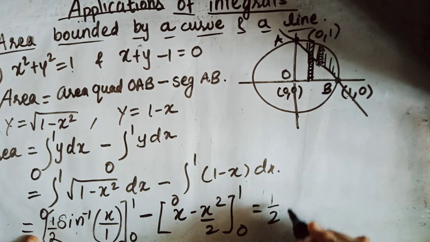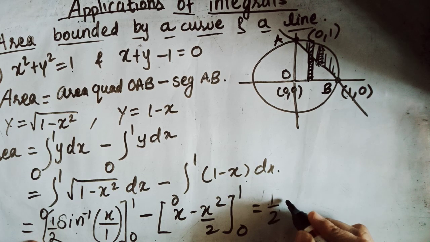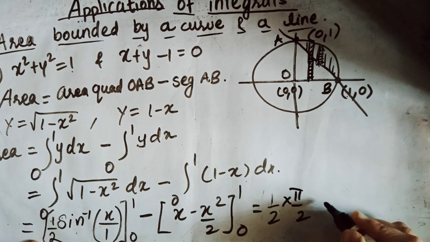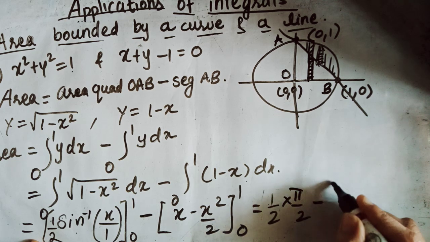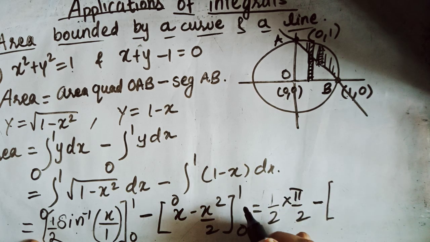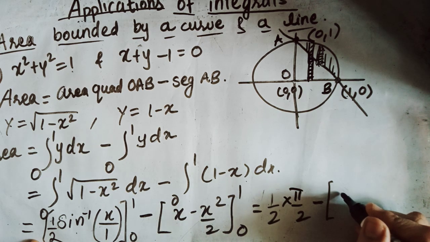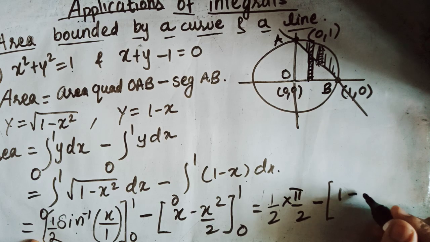So half sine inverse of 1, which is pi by 2, minus, so you have to substitute 1 and 0. Substituting 1, you will get 1 minus 1 square by 2.